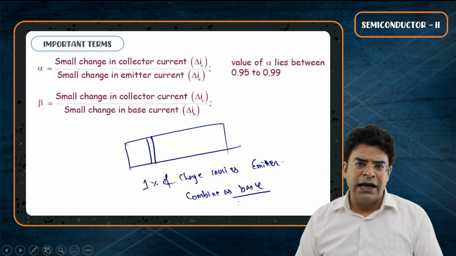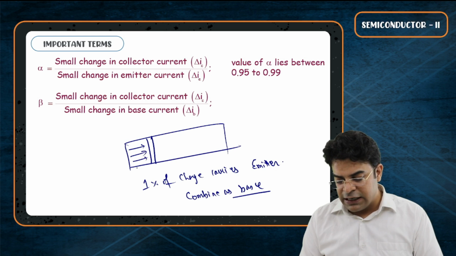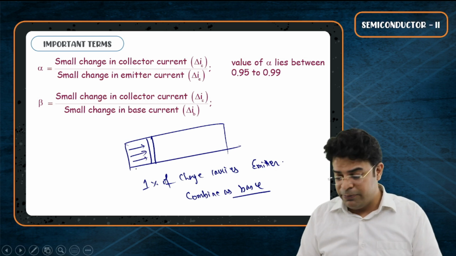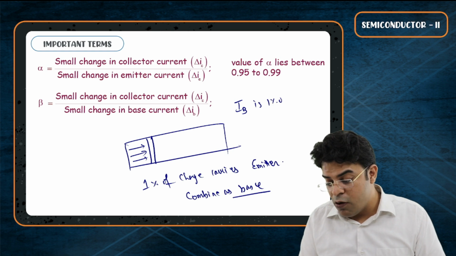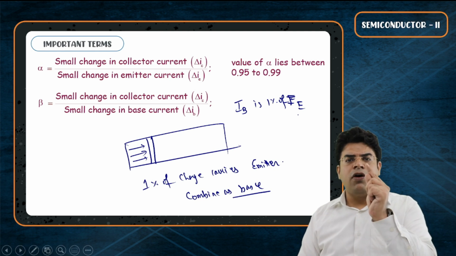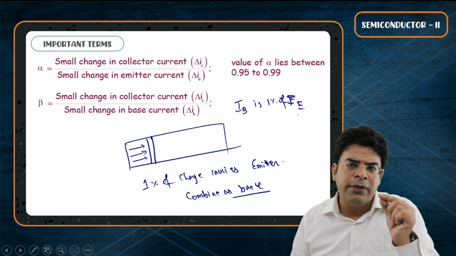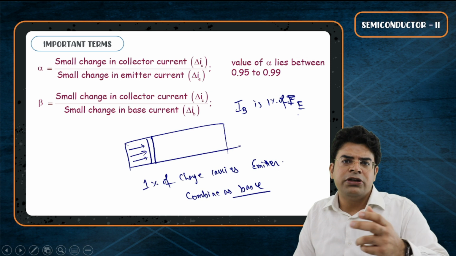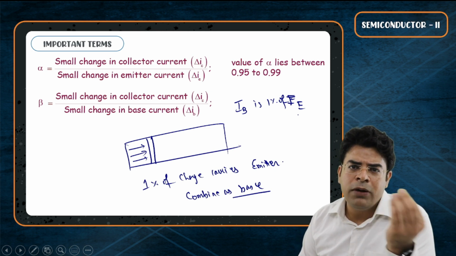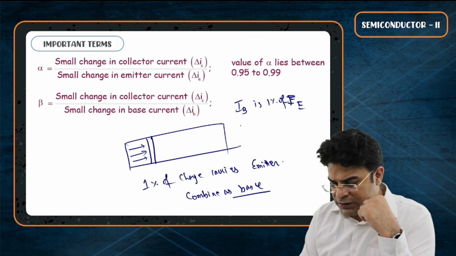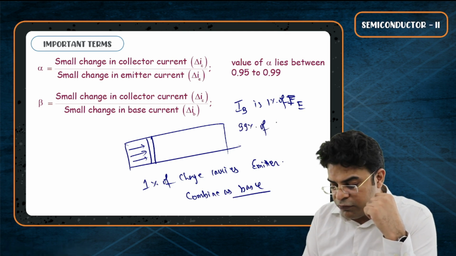Sir, we can say that the base current is 1% of emitter current. If base current is 1% of emitter current, can you tell me collector current is how many percent of emitter current? So sir, out of the emitter current, 1% is going in base. It means that 99% of emitter current is collector current.